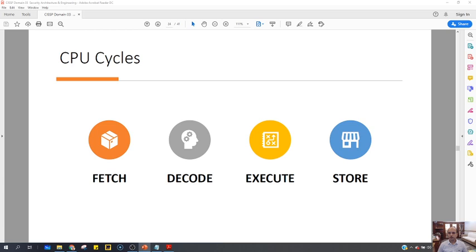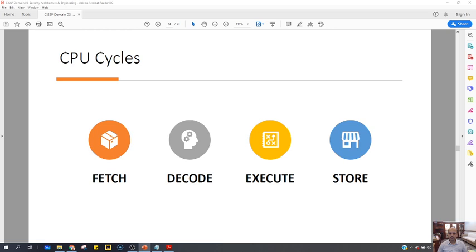Okay. So when we are saying fetch, it gets the instruction from the memory, and it means the only work the CPU will do is get the instruction from the memory. We will discuss the different kinds of memory later on. Okay, next comes decode.